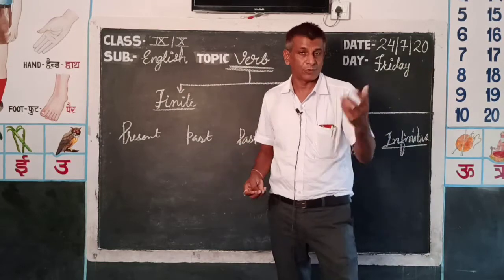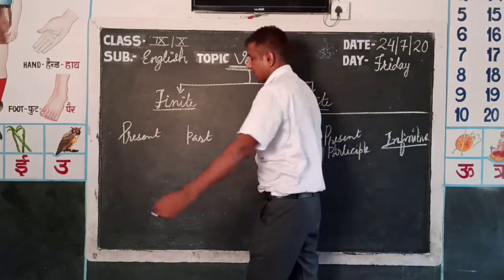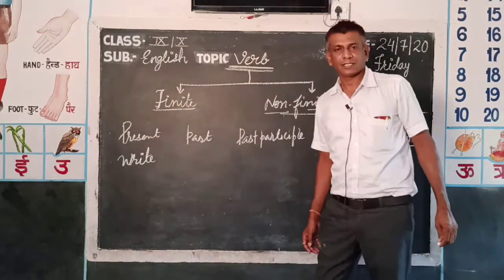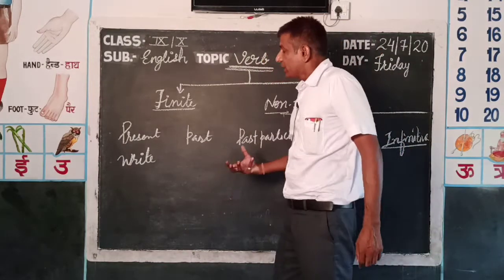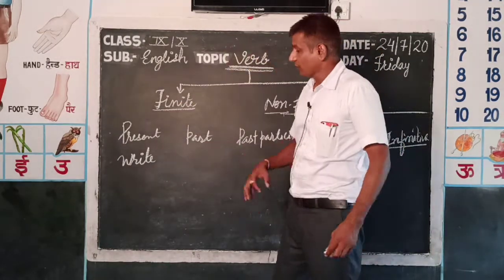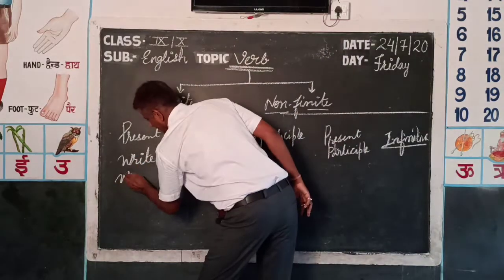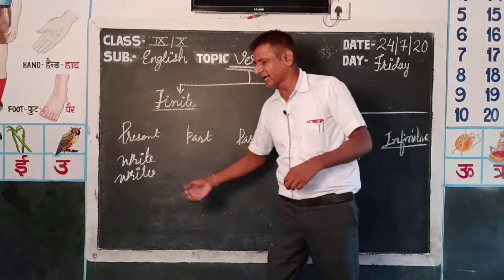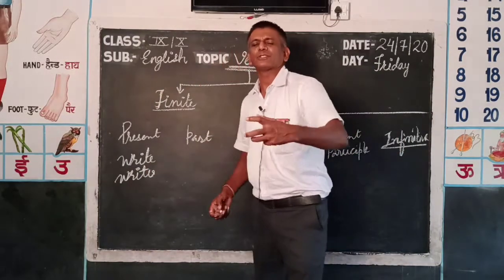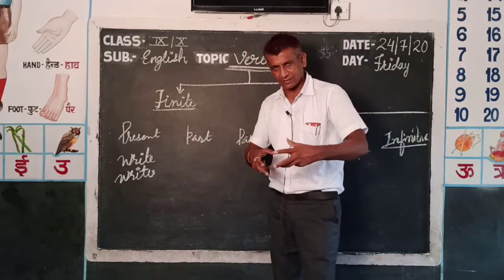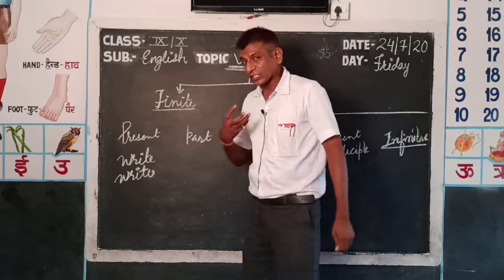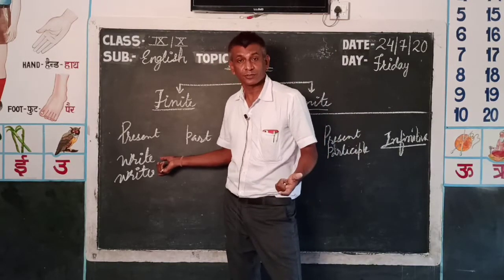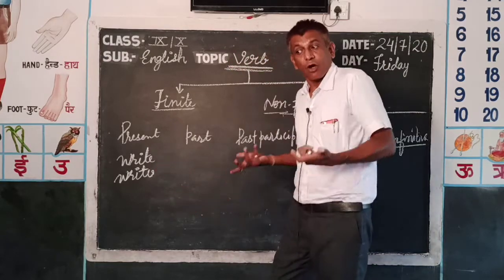Take any example, like I write here, write. Write is a verb. Now, in present form, we have 2 forms, one is write and one is writes. Sometimes you add s or es with the verb, but actually these are 2 forms. We do not form them, they are already formed.